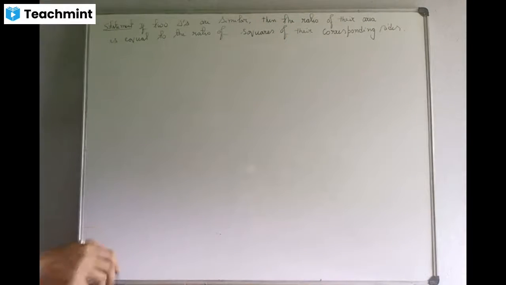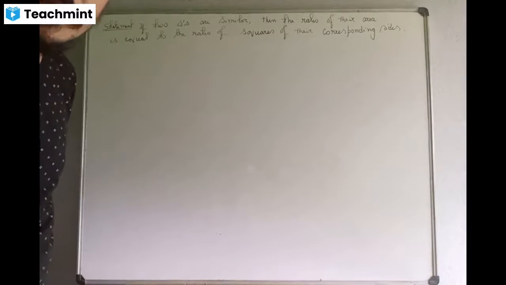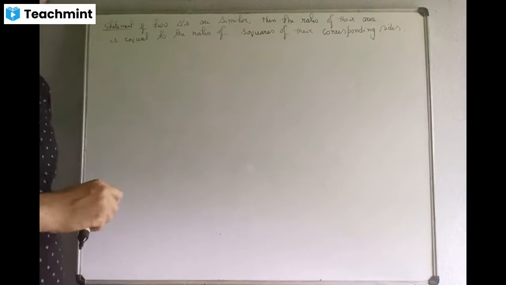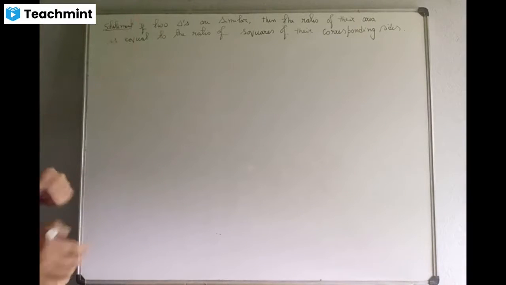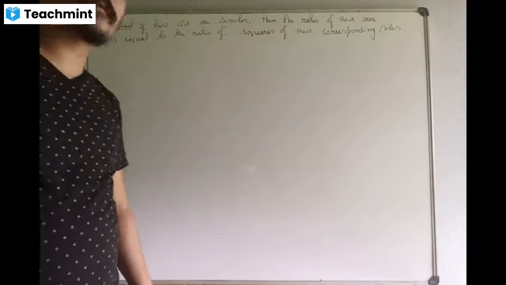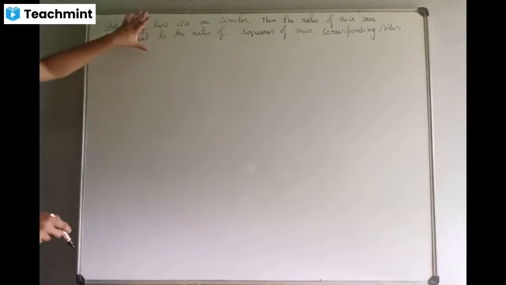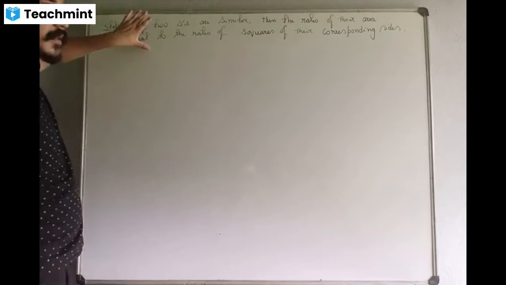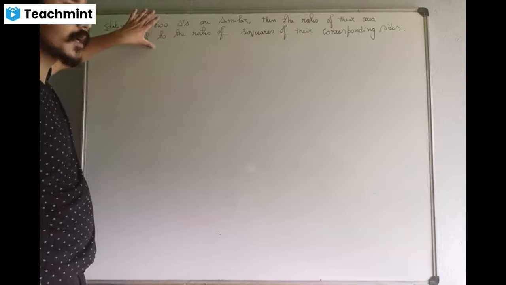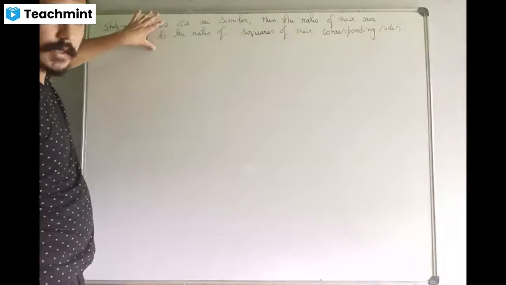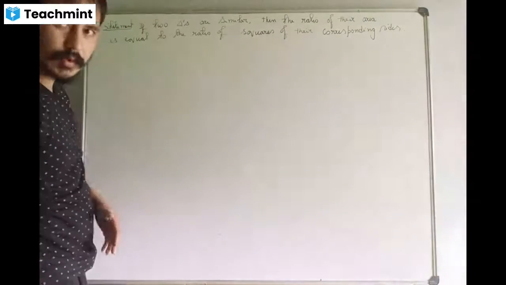Okay. If two triangles are similar, then ratio of their area will be equal to the ratio of squares of their corresponding sides. So if this theorem is asked, this is going to be the question of the theorem. Okay, and we only need to do the proof.